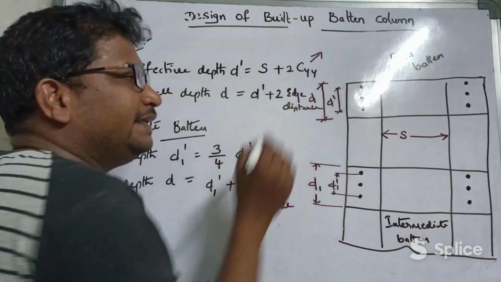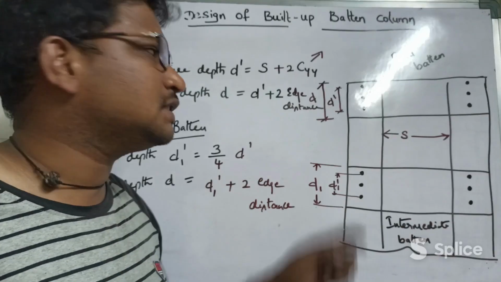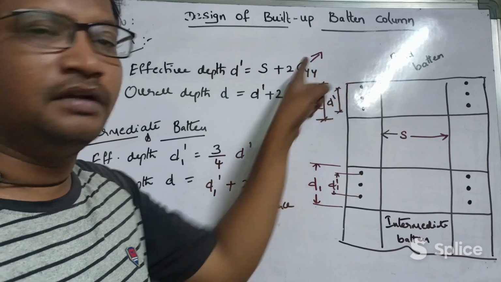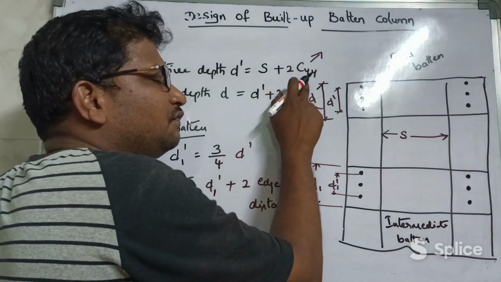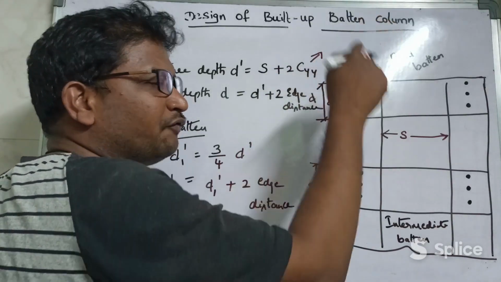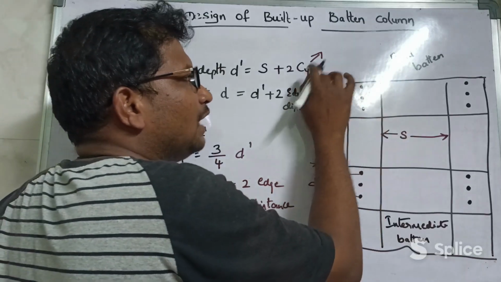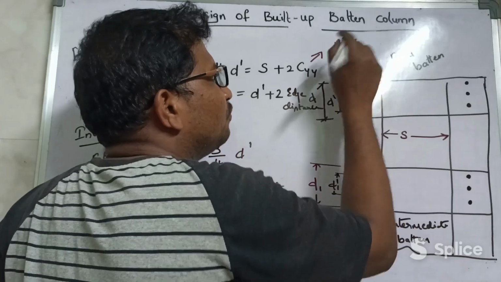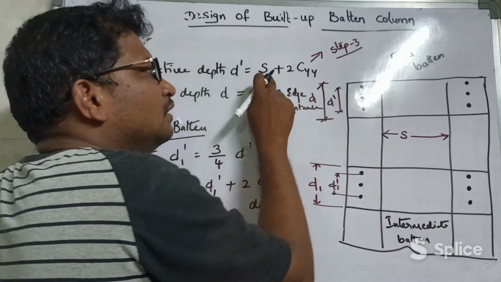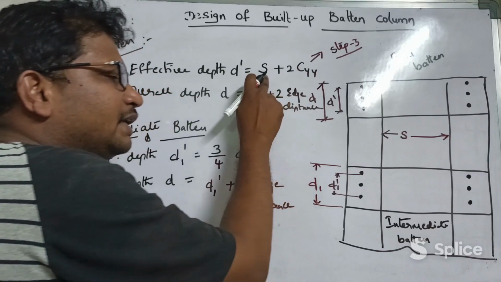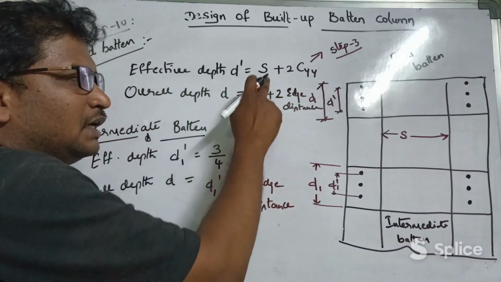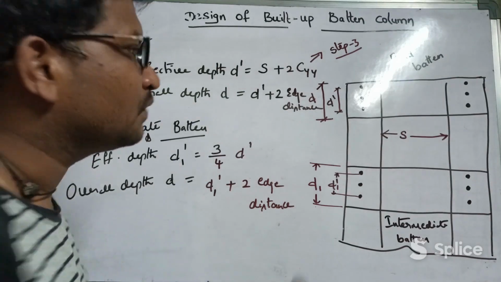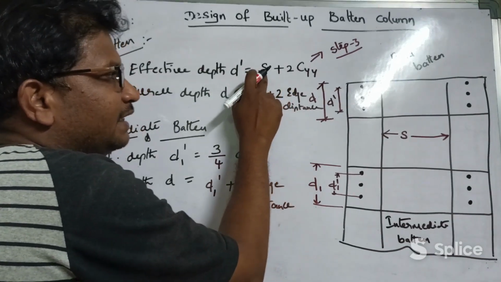Cyy is the distance of the sections taken from IS handbook number 1. Okay, Cyy is the distance of that particular section taken from IS handbook number 1. This value can be got from step number 3, selection of sections. We can get this value from there, and yes, we also calculated this S value earlier. I think at step number 7 or 8. Okay, we also determined the S value.